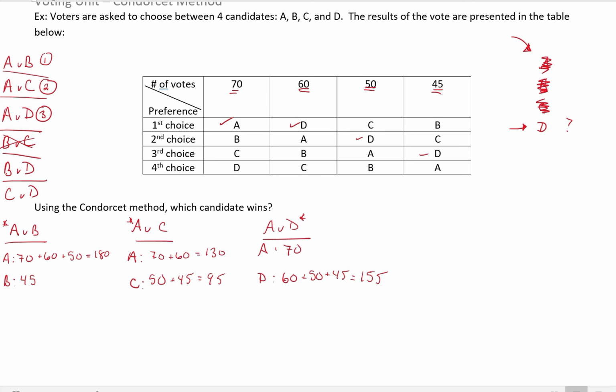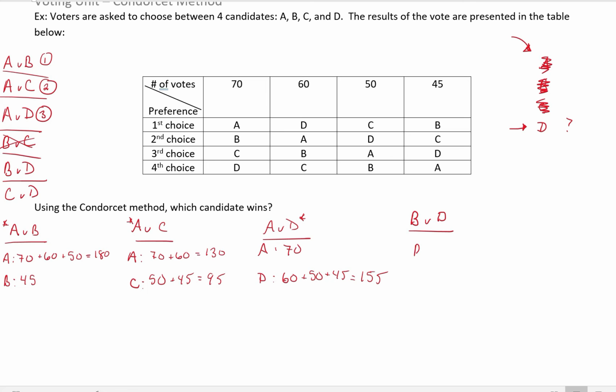We need to do it. Now, if you're ever unsure whether you need to do a comparison or not, it never hurts to do it. So if you couldn't quite sort out why we don't need to do B versus C, do it anyway, right? It won't hurt. It won't mess up your results to do an extra comparison. Just takes a little bit more time. And Condorcet can be a little bit time consuming.